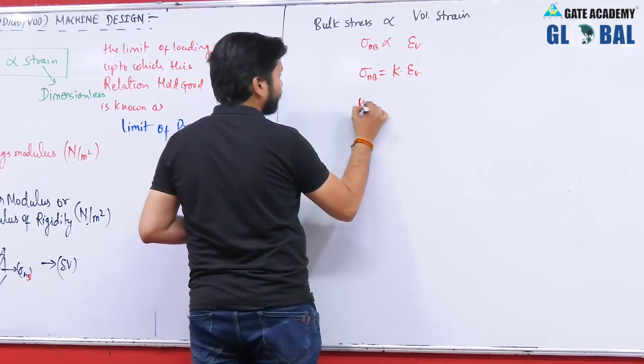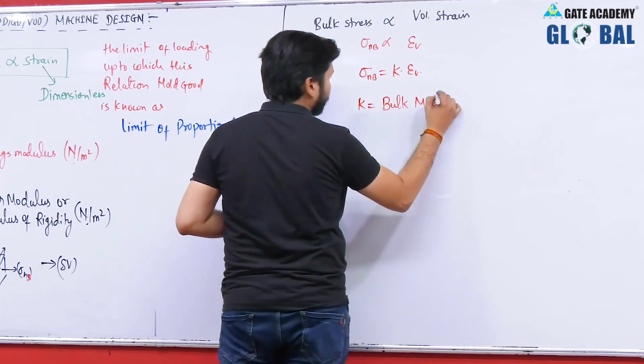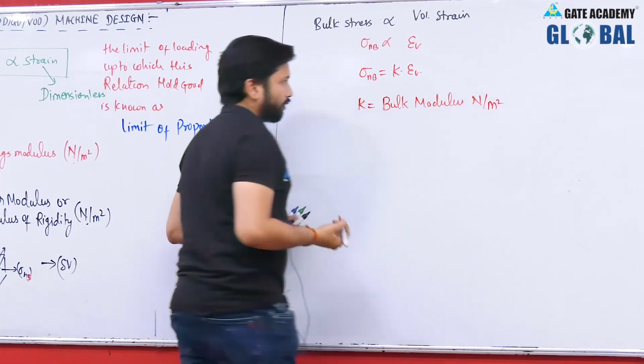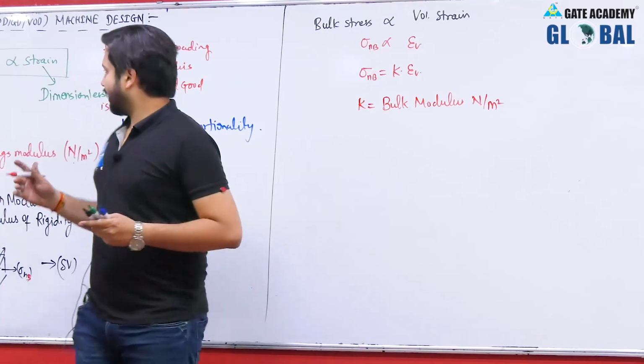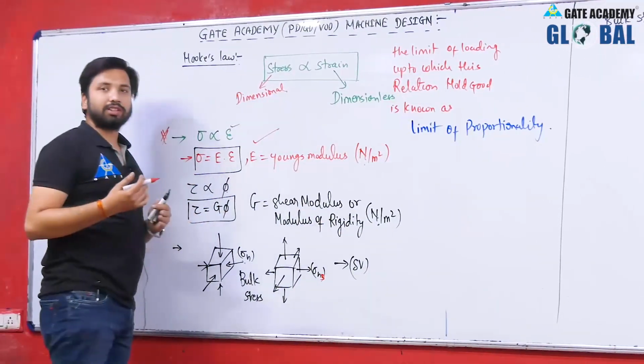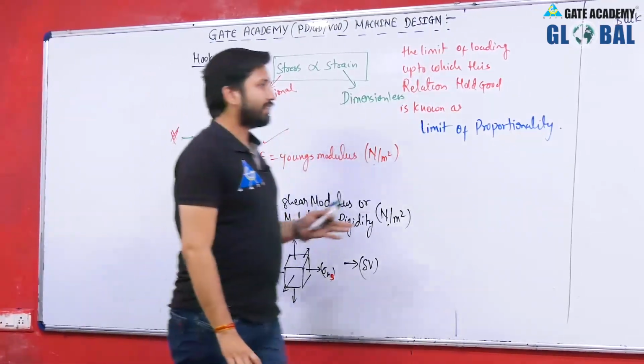So k is the bulk modulus. It is also in Newton per meter square. So these are the three elastic constants: Young's modulus, or modulus of elasticity, the modulus of rigidity, and the bulk modulus.